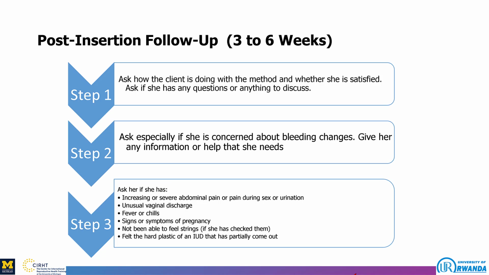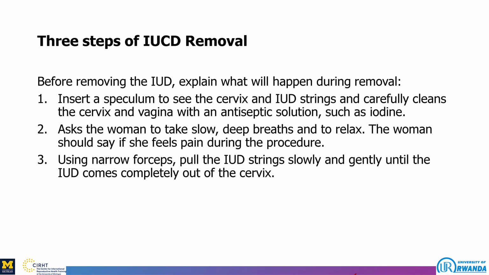If she is, you have to confirm through vaginal examination. When you perform vaginal examination and it is confirmed that the strings or the hard plastic of the IUD are being felt either at the lower uterine segment or at the lower end, then it has to be removed, and then, with the patient's consent, you replace it by inserting another intrauterine contraceptive device.